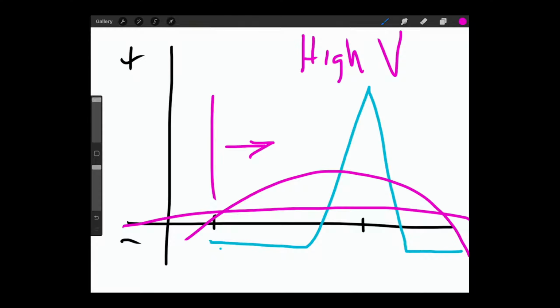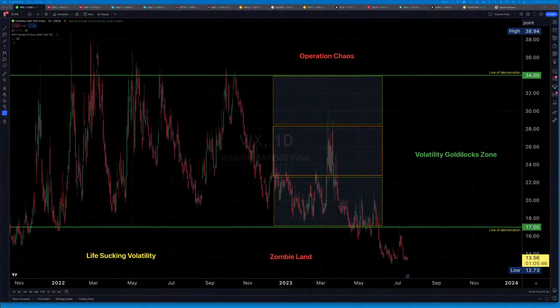Now I want to show you a chart on where we are today and show you what volatility looks like today. So to do that, I need to go to Trading View. And then this is a chart showing volatility over the past year and a half, almost 2 years.